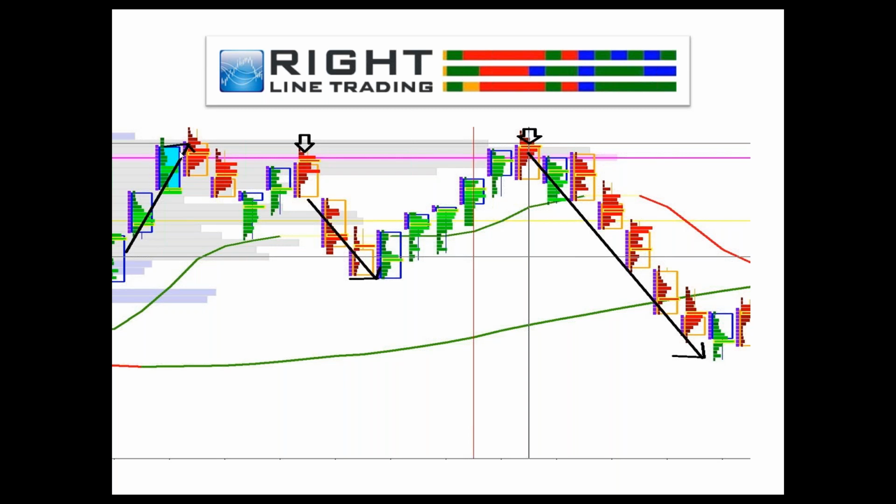Now, in this particular case, price approaches a real difficult area. This is a major area of resistance. Here's the value area high, and here is the point of control. Now, you see right here, here's the commitment of traders, and it's more towards the middle of the candle body.